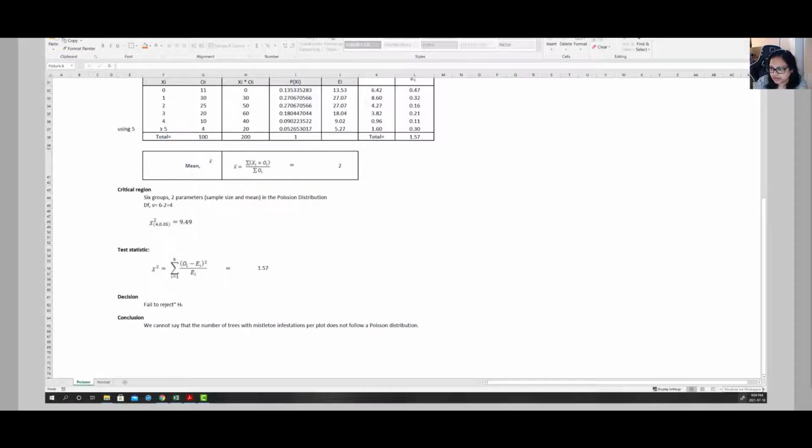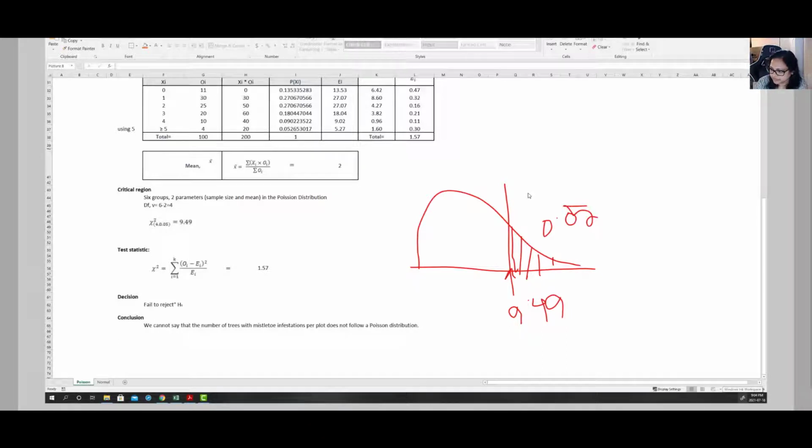Okay, so if I draw the chi-square distribution, and we are looking at 9.49, the rejection region is on here, beyond 9.49, and the level of significance, so this is the 0.05 region, that's our critical region.